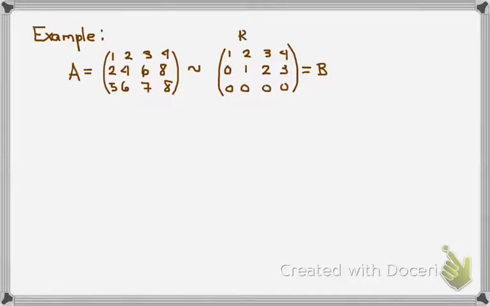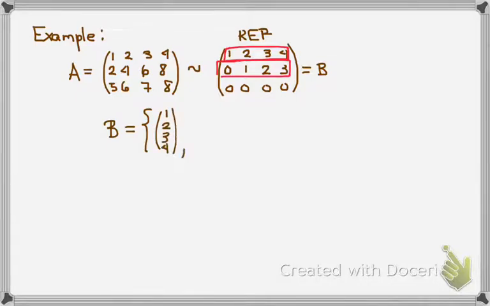So in row echelon form, we generate this matrix B. So according to the theorem, the basis for the row space are the non-zero rows of the matrix B. So that would be the first row and the second row. So according to our theorem, the basis for the row space is the set of vectors (1, 2, 3, 4) and (0, 1, 2, 3).